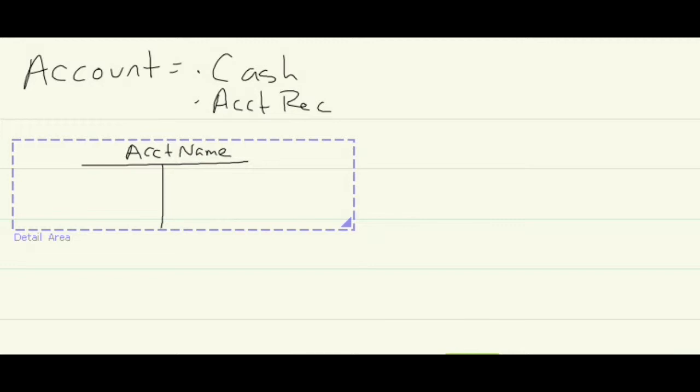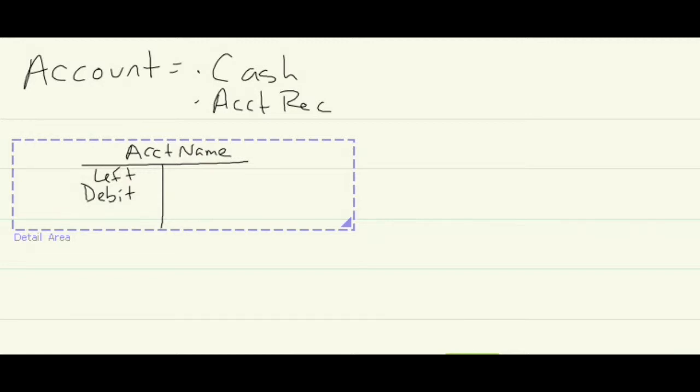All T accounts are going to have a very similar structure, in that the left side of the account is what's called a debit. Pretend like you've never heard the word debit before in your life, and wipe it from your memory banks. From this point forward, the word debit means left side.